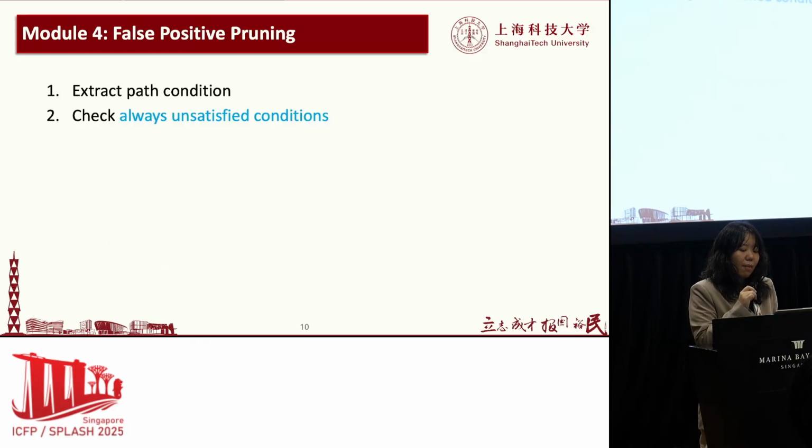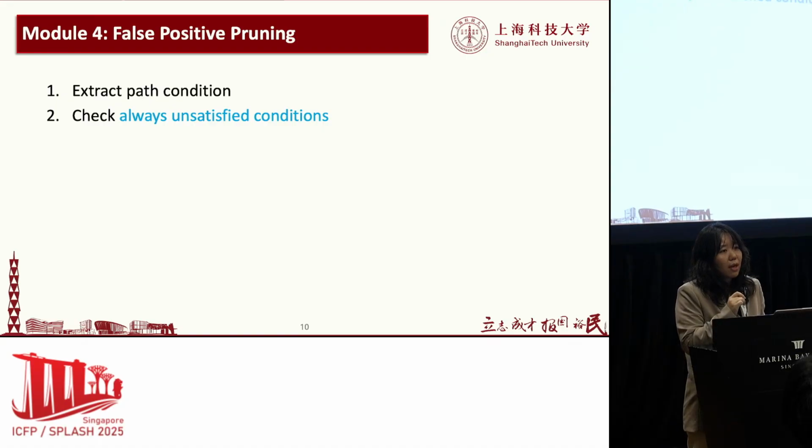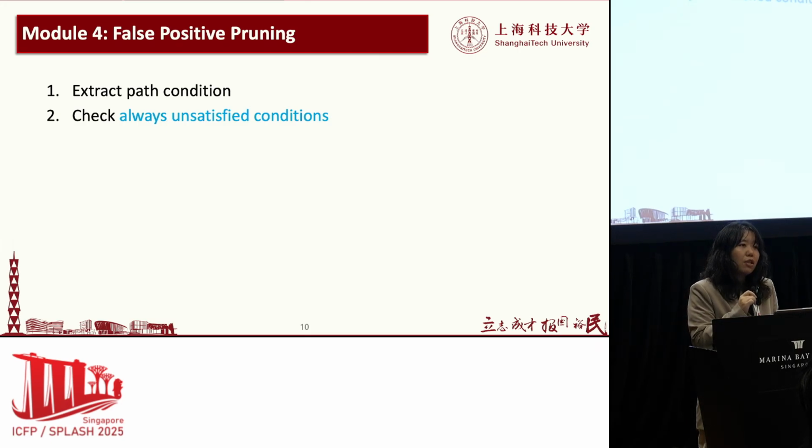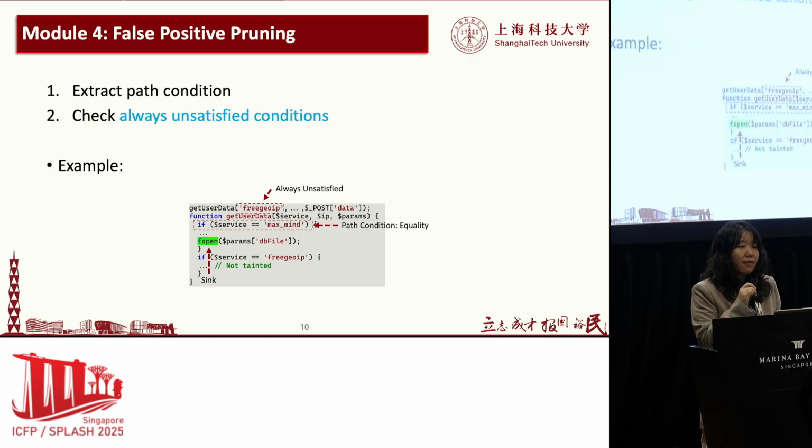Given a taint propagation path, Artemis extracts path conditions from each function or method's control flow graph. It then prunes unreachable paths because their conditions are never satisfied. For example, if the variable service has mismatched values, which are MaxMind and Fragile IP, Artemis recognizes this as a false positive.